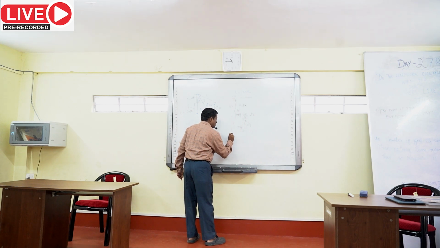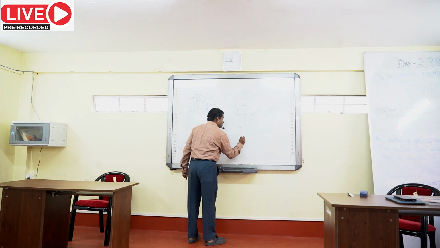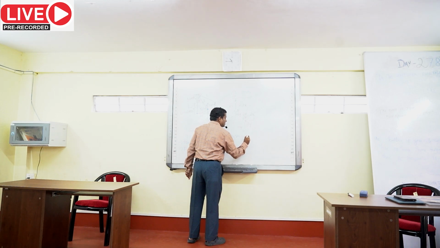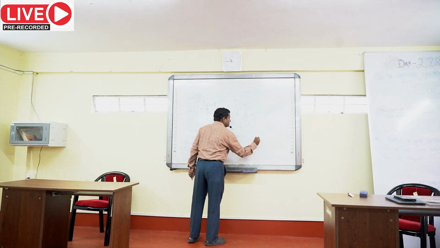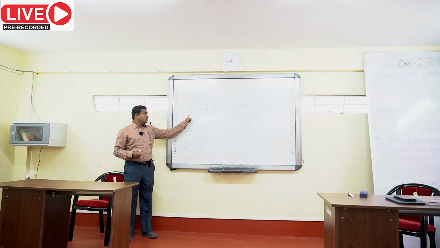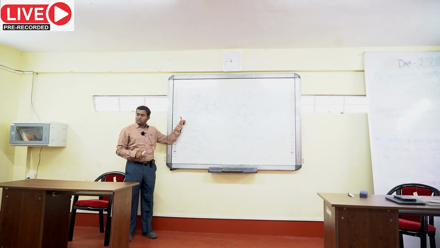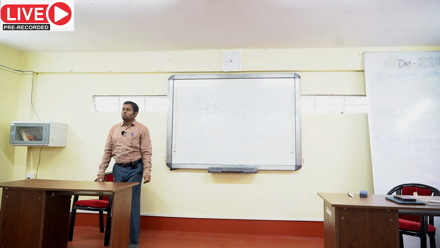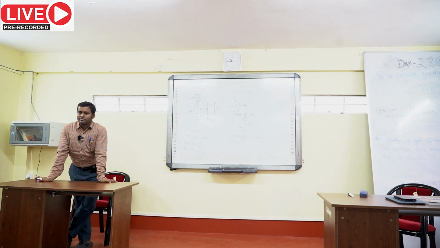So this will become mg into L into 1 minus cos theta. L minus L cos theta, L common, so it will be L into 1 minus cos theta.